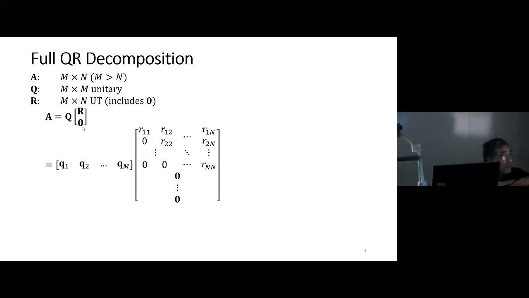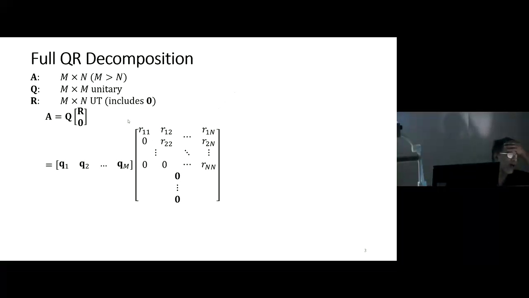So this is an M by N matrix. What's the rank of this? The rank of this is N, because N is less than M. And so it has an upper triangular matrix here, and then we have a bunch of zeros.